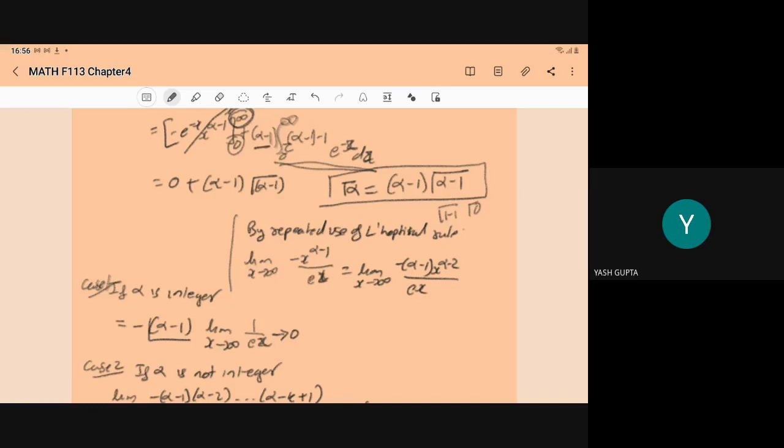Even for negative values you can define it, but with a special way. By definition it is defined only for positive alpha, but under some modification we can define it for negative values as well as for 0.